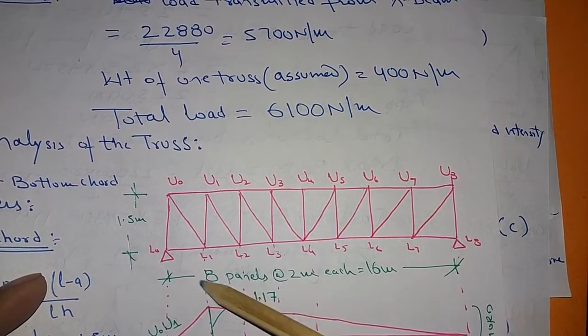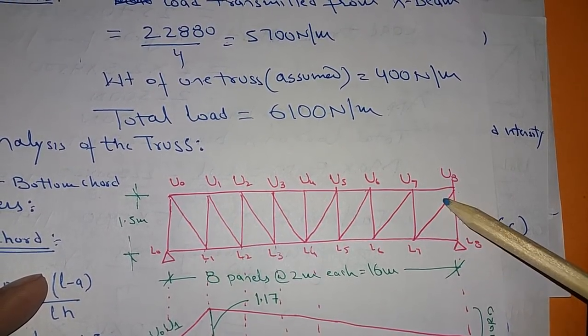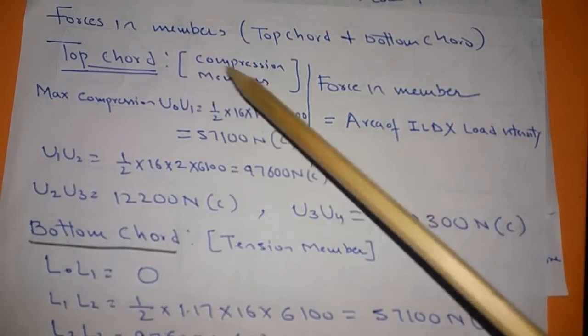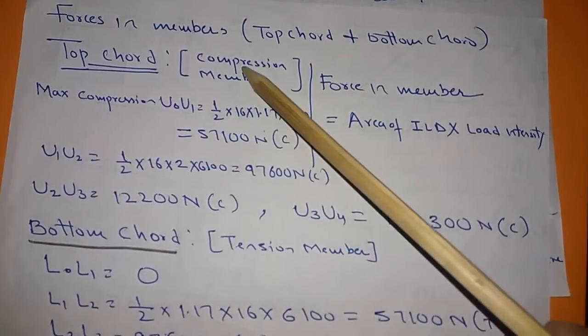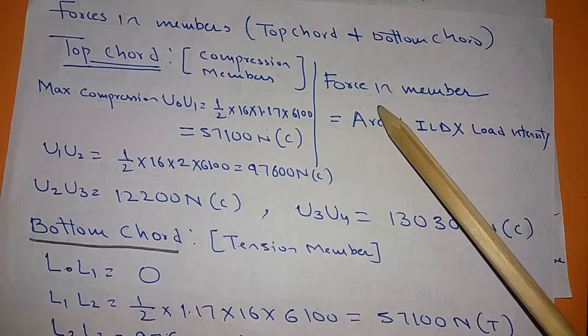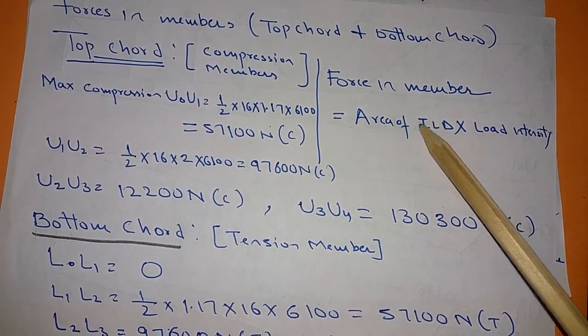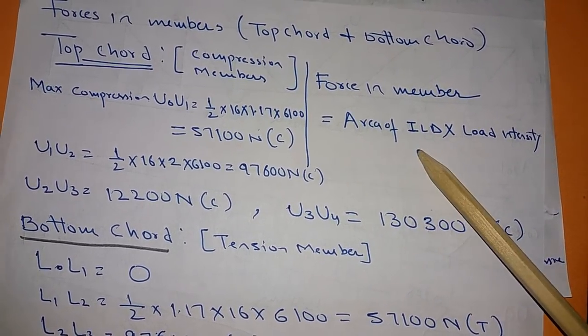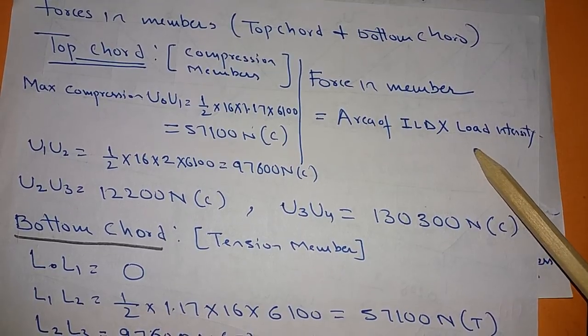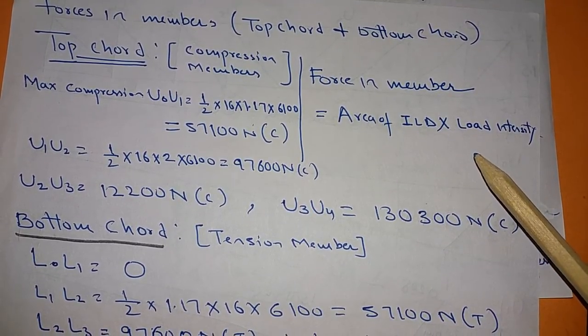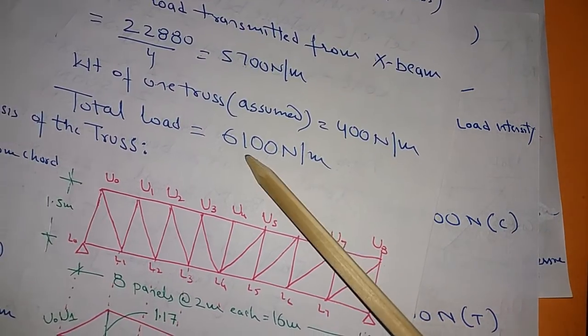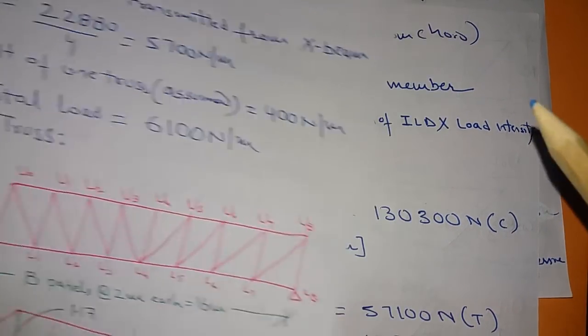So bottom members are in tension and top members are in compression. Now forces in member top chord and bottom chord. Top chord are in compression. How to calculate force in member? It will be area of ILD into load intensity. Load intensity is what? Load intensity which has been calculated earlier. It was 6100 Newton per meter.